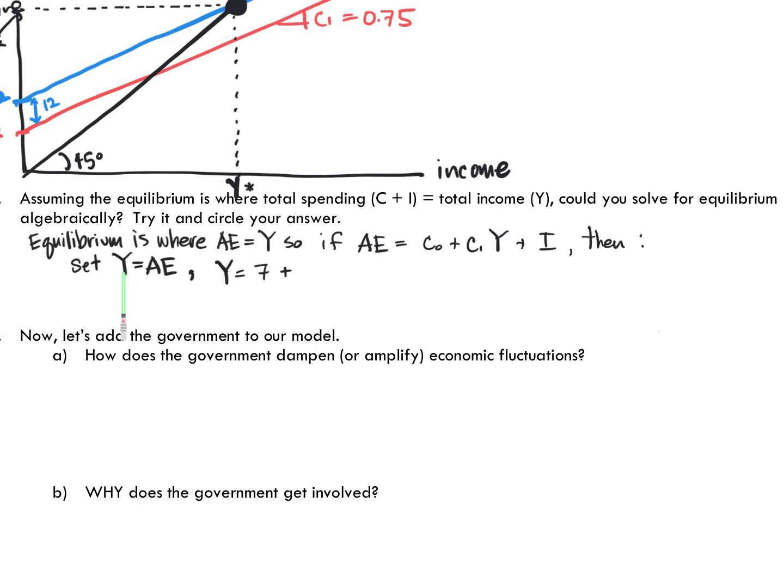We just set spending equal to income. Y is the variable for income, and it's also on the AE side, so we can solve for Y, knowing that in equilibrium, Y or income will always be equal to total spending. So combining everything together, you get the following.